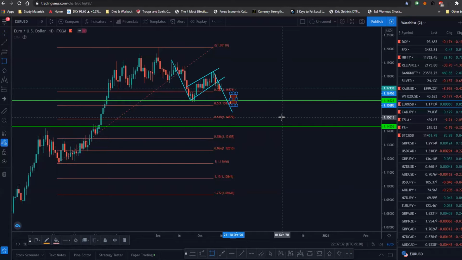So let's see. First, we need to have a break and close below the structure. Then only we can think about going short again. But until then, in the coming week, I'll be looking for short entries for this one for sure.